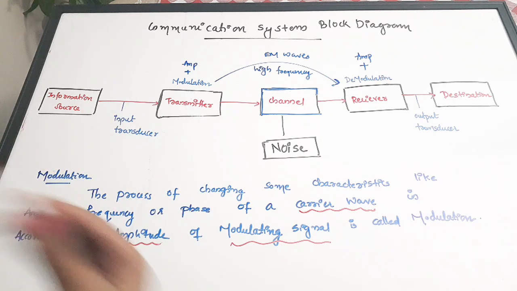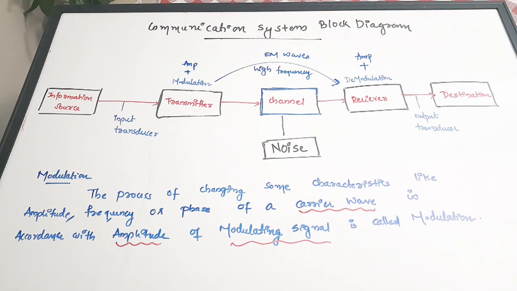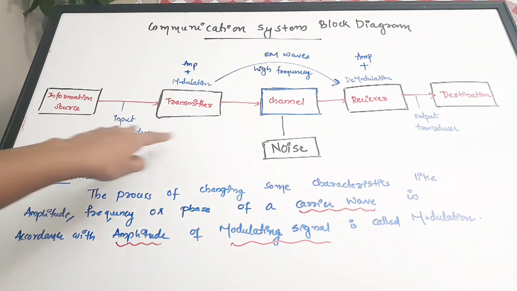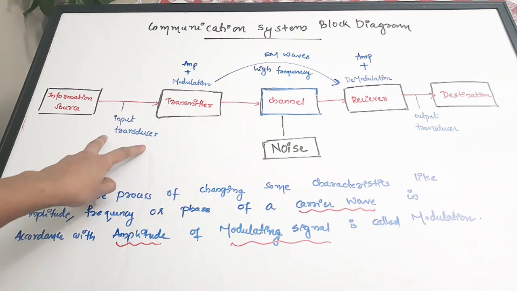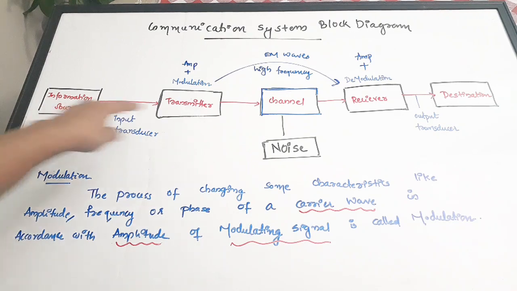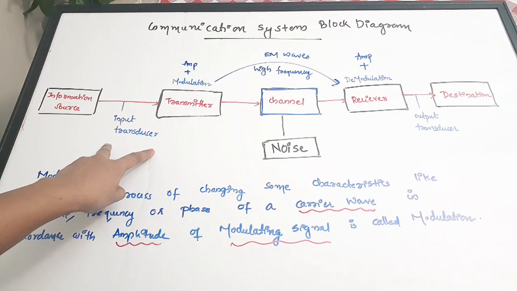So we'll use a transducer that will convert a non-electrical quantity to an electrical quantity and give it to the transmitter. So in between the source and the transmitter, there is a transducer, that is the input transducer.